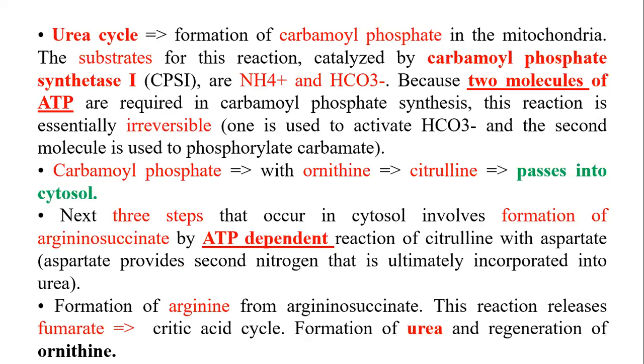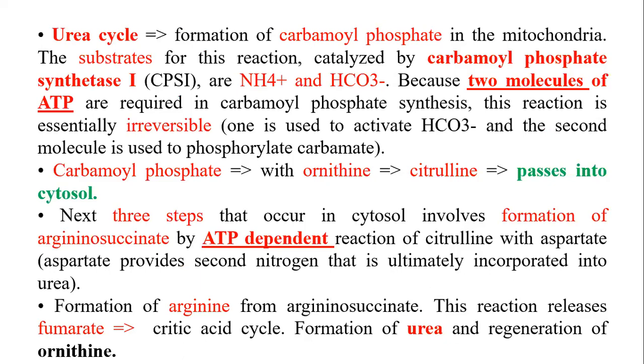In the urea cycle, there is formation of carbamoyl phosphate in mitochondria. The substrates for this reaction catalyzed by carbamoyl phosphate synthetase 1 are ammonia and bicarbonate. Because two molecules of ATP are required in carbamoyl phosphate synthesis, this reaction is essentially irreversible.